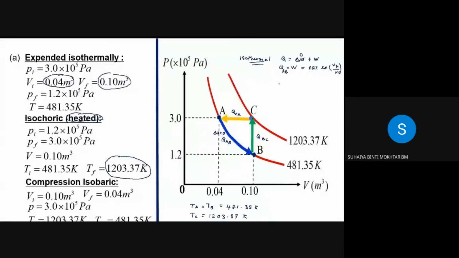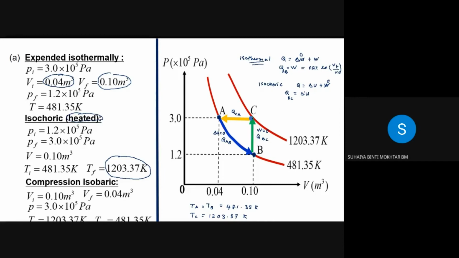Okay, and then QBC. QBC pun sama, use the same equation. QBC pula work done dia equals to 0. Isochoric. Okay, Q equals to delta U plus W. W tu work done 0. So it means that Q isochoric equals to delta U. So isochoric here is BC.